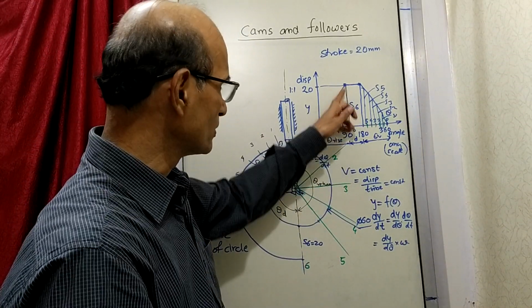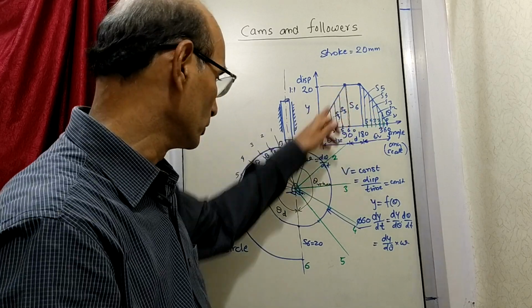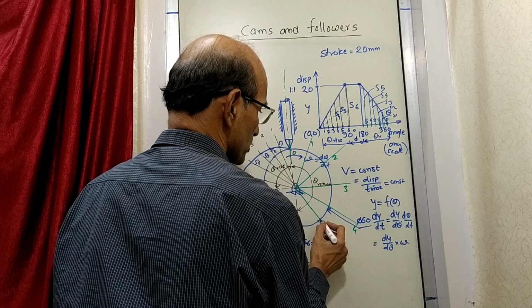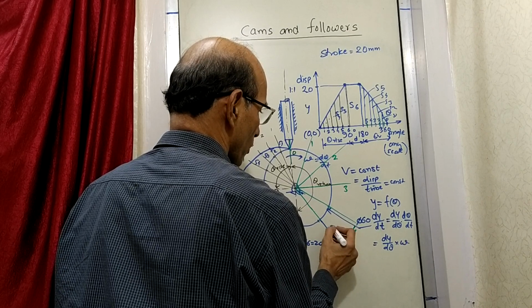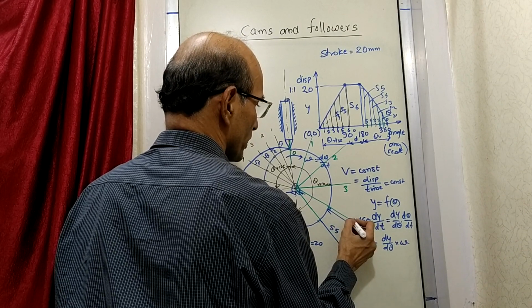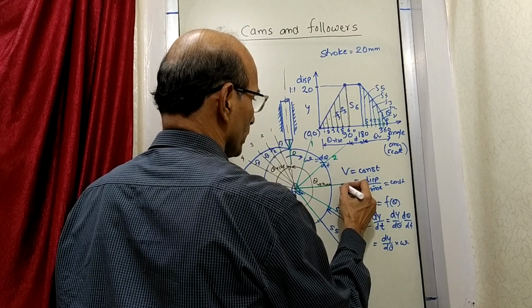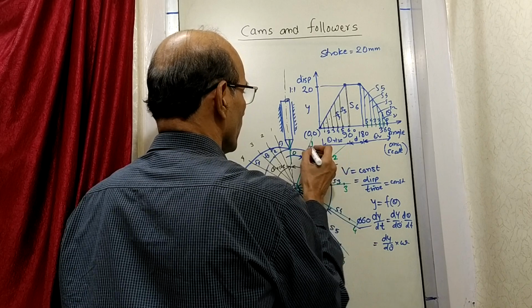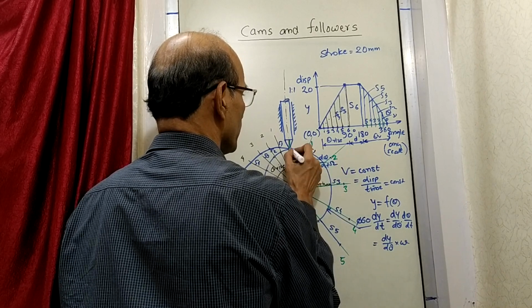Now these distances, which are the same as these distances, you have to take on the corresponding lines. So here you take S5, then here S4, on 3 you take S3, on 2 you take S2, on 1 you take S1, and this is 0.